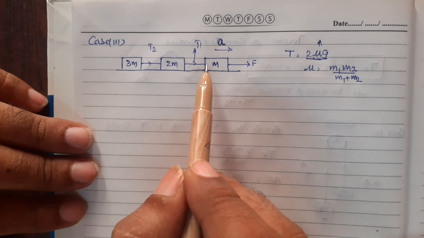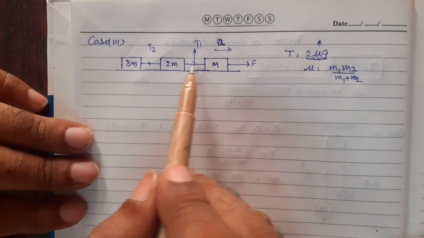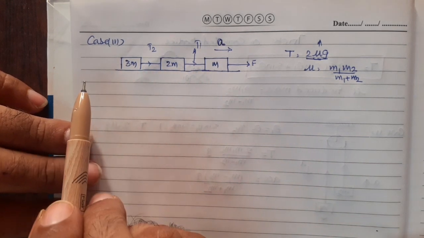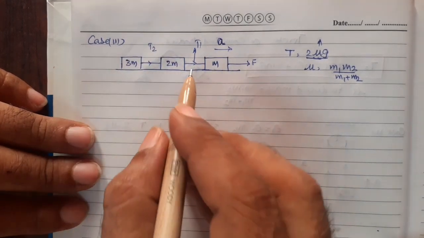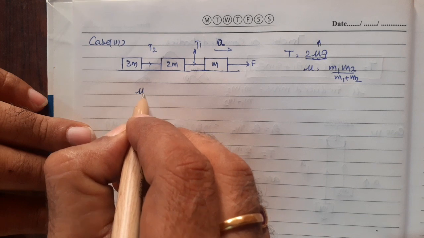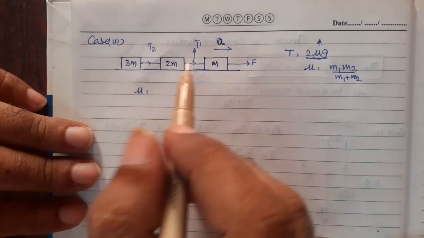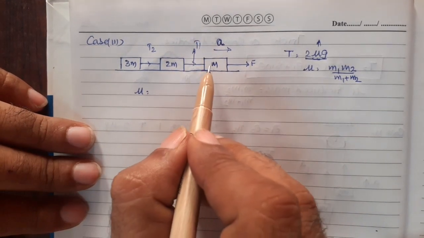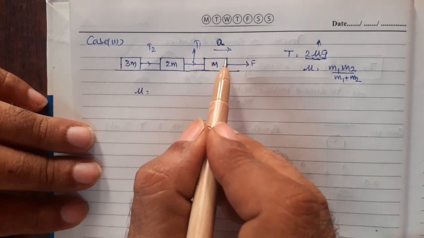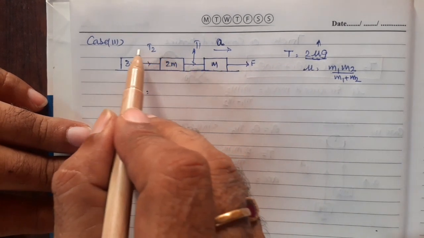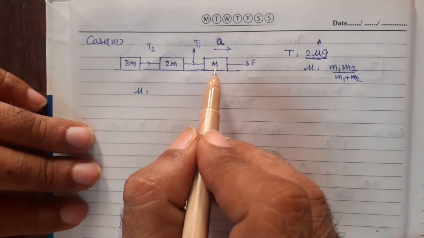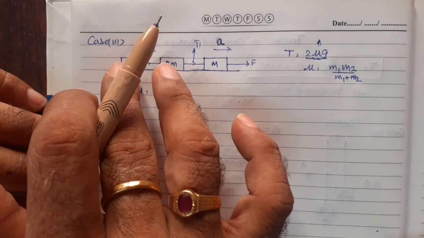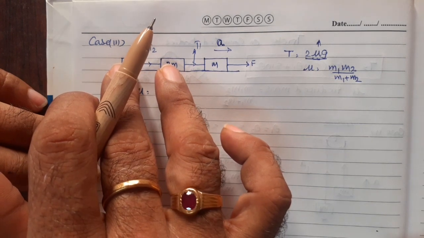Now here we have three bodies of masses m, 2m and 3m. How can we calculate the reduced mass here? While calculating T1, this is one body of mass m and these two bodies are considered as a single body of total mass 5m.